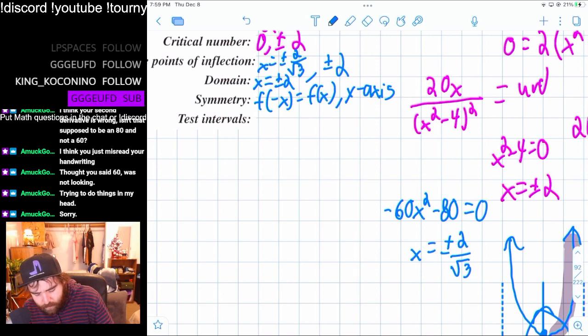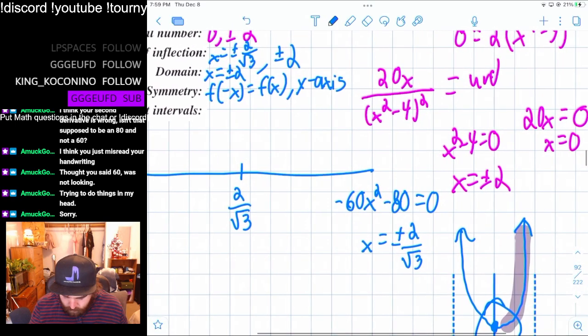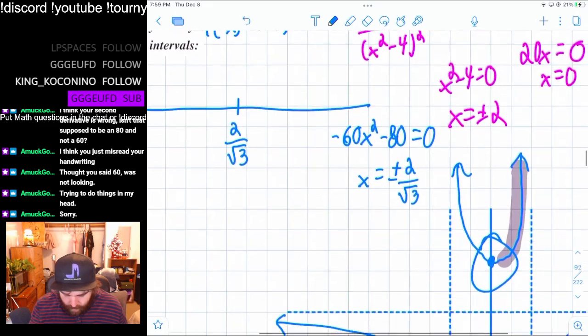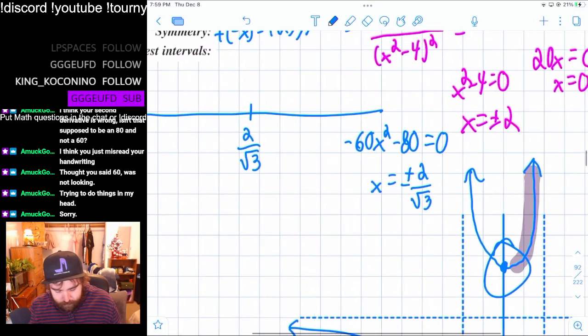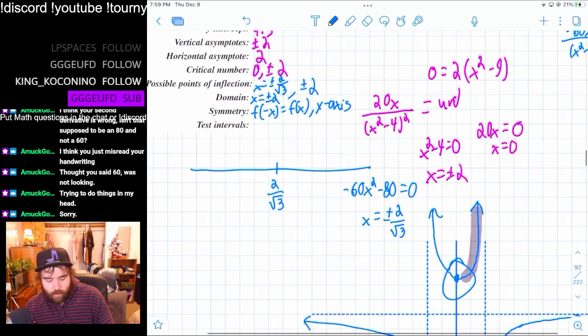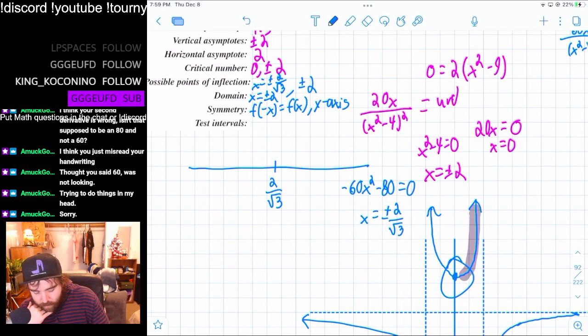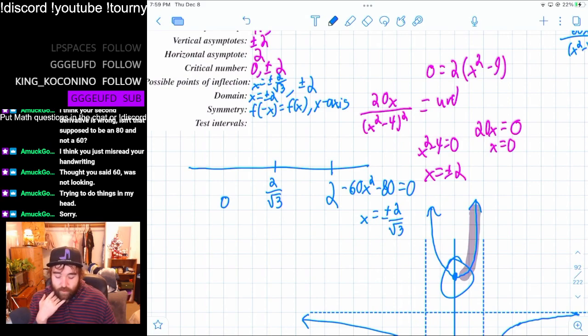Let's see. Because if I think about the number line thing, and I think about here we have 2 over root 3, so I'd have to plug in something. I guess I could plug in 0. Because it just has its possible changes at, and then like 2. But I have to plug in something between 2 over root 3 and 2.